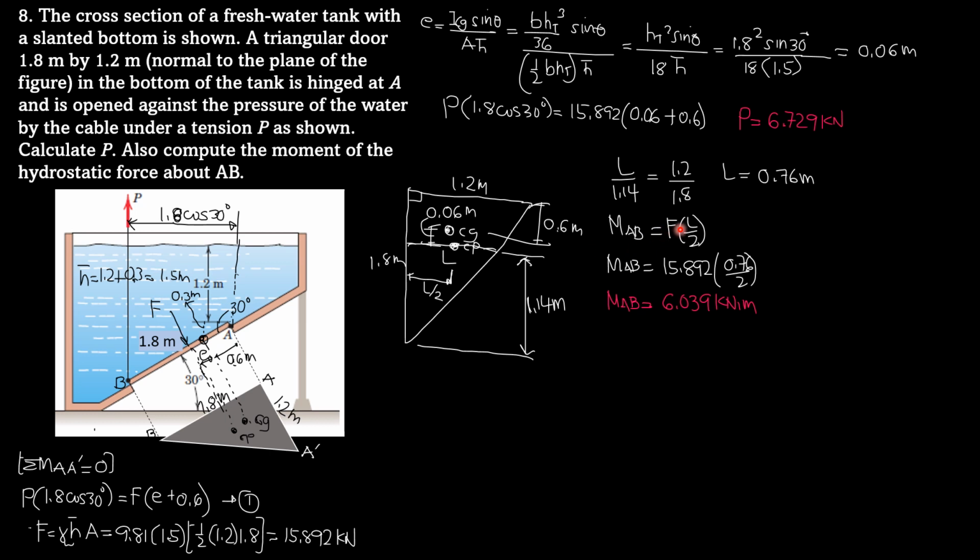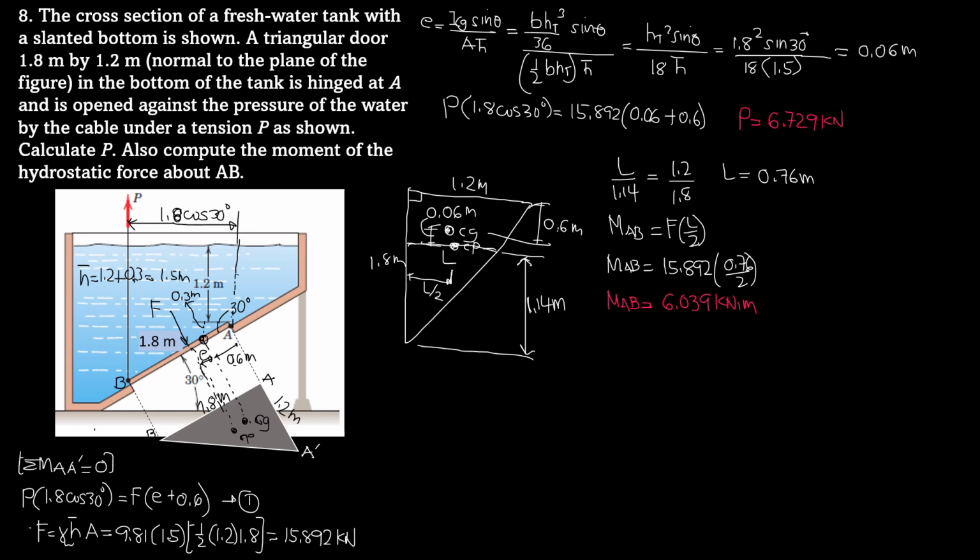So the moment arm of F is L over 2 from this axis here, which is AB. So the moment about AB is therefore F, 15.892, times L over 2, 0.76 over 2. So it is 6.039 kilonewton meters.